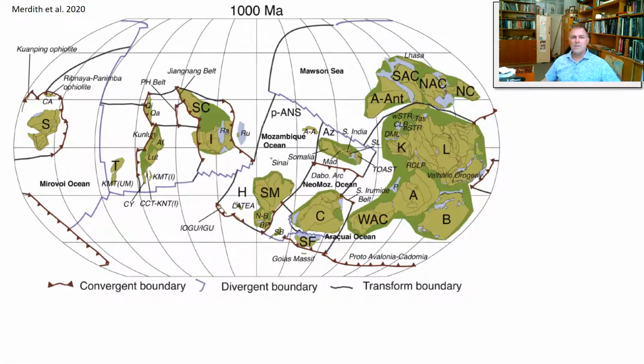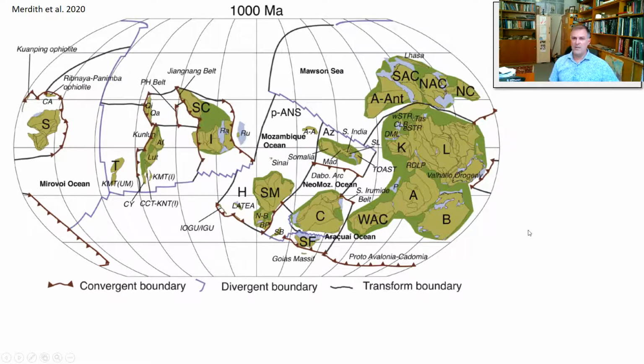So, what do these models look like? Here's a snapshot at the beginning of this, a reconstruction for the world around 1 billion years ago, with an eastern part of Rodinia here and a western part of Rodinia beginning to be configured through here. We've got a large Neoproterozoic India with South China attached to it, and we're going to see the attachment of a lot of these Central Asian terranes, including the Tarim, through there in the early part of the Neoproterozoic, to make India, South China, Tarim a really major continent.